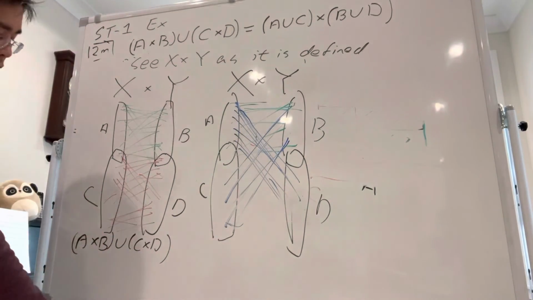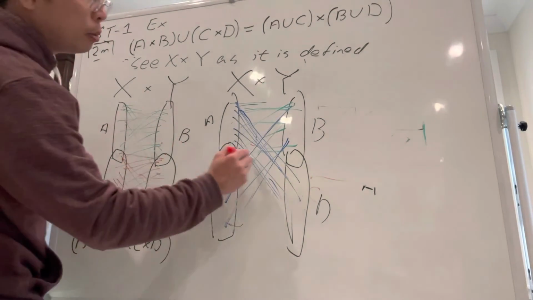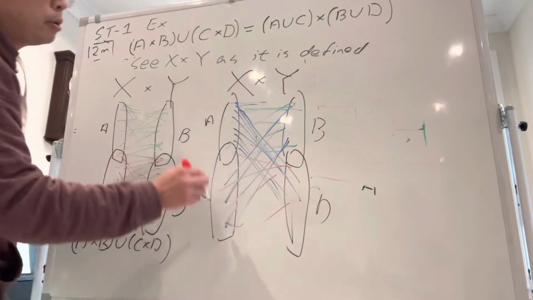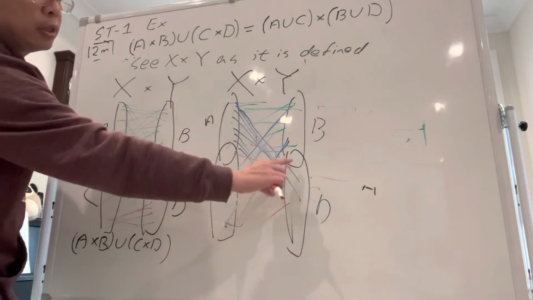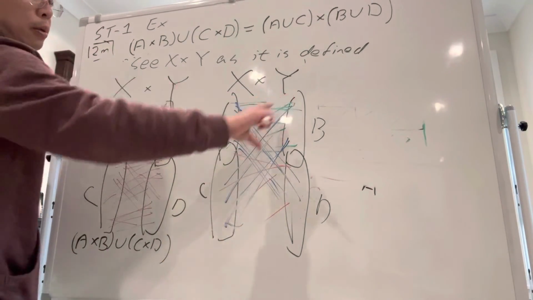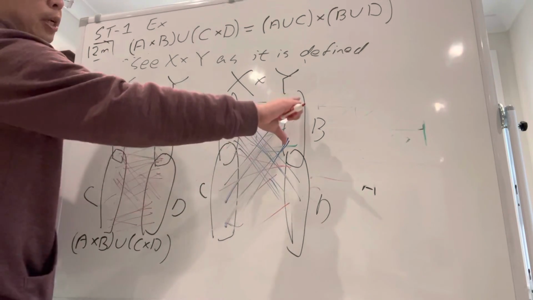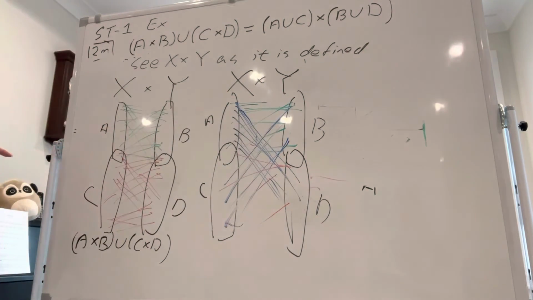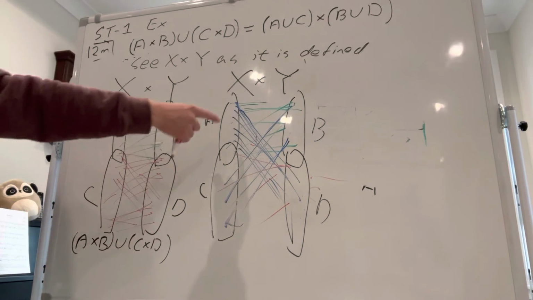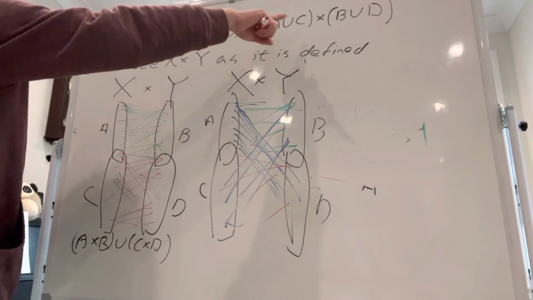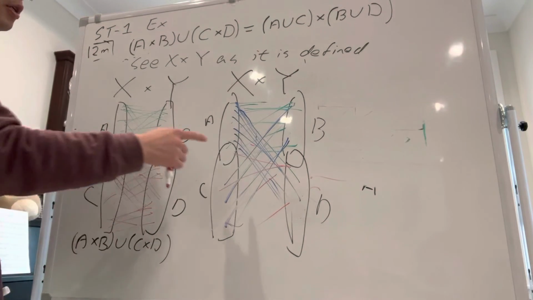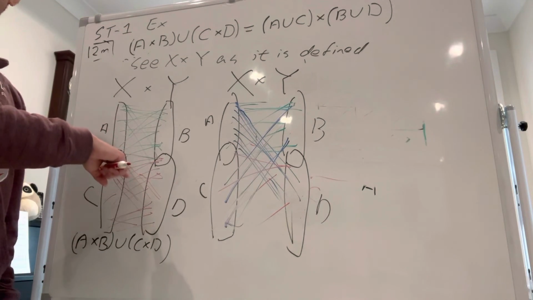Whatever we had before, C cross D, is still part of the line, but now you are getting A cross this part of D, crossing this part of C to this part of B, that did not exist in the original diagram. So that's why A union C cross B union D is always bigger than the left-hand side.